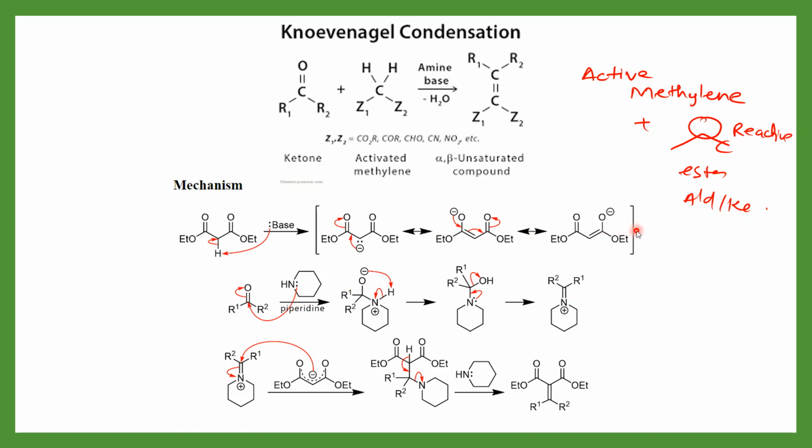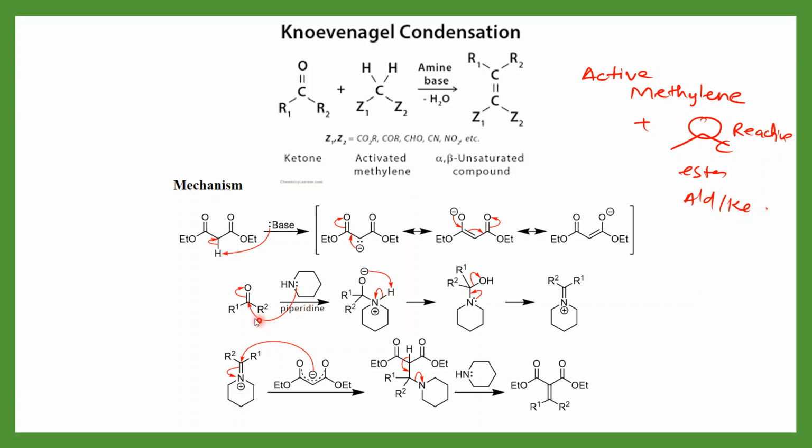So, in Knoevenagel condensation the first step is formation of enolate from your active methylene group. Another instance, it is given that one of the amine bases is there. For example, in the mechanism they have used piperidine. So, this base is nothing but your piperidine.